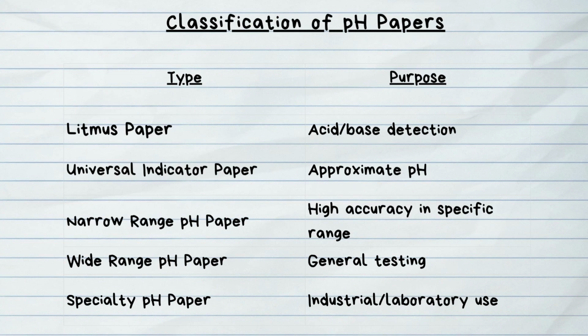Number 3, narrow range pH paper, used when we need higher accuracy in a small pH range. Number 4, wide range pH paper, used for general testing over a broad pH scale. And finally, number 5, specialty pH paper, used in industries, laboratories, and medical testing. Now, let's understand each one in detail.